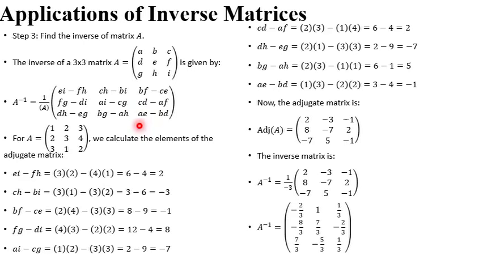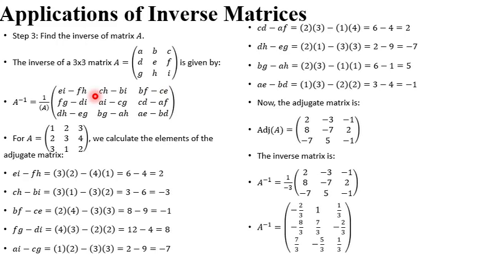All right then, we want to move on to the next step. The next step is to find the inverse of matrix A. How do we find the inverse of a 3 by 3 matrix? Using the adjoint method.